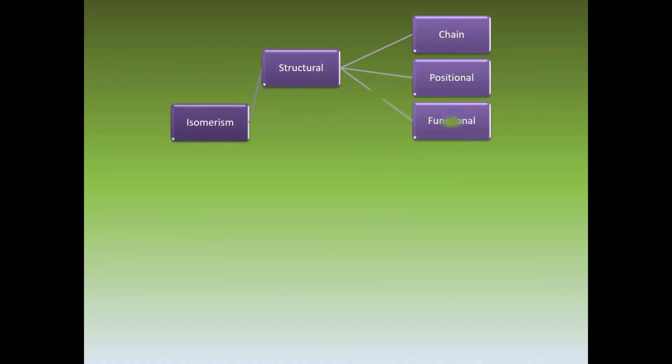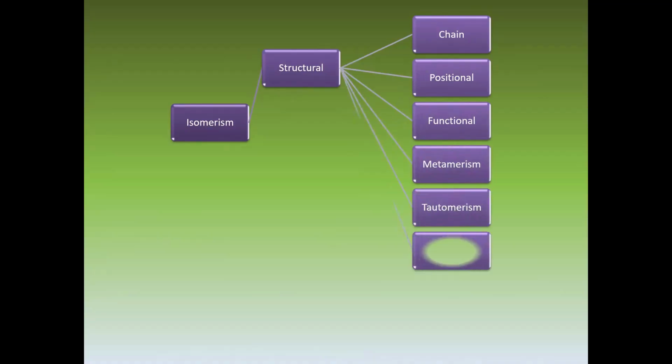Isomerism may be of two types. Structural isomerism is further divided into chain, positional, functional, metamerism, tautomerism, and ring chain.